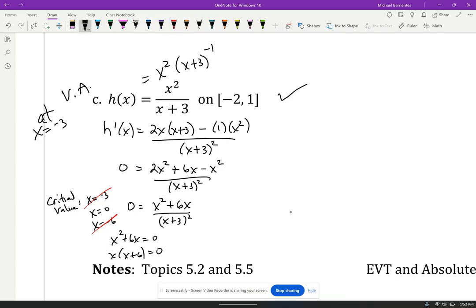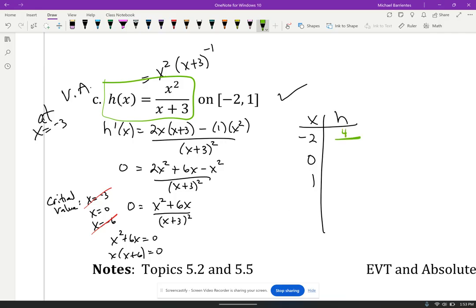So I go to the next part and I say, here are my x values: negative 2 because it's an endpoint, 0 because it's a critical point, and 1 because it's an endpoint. And we're looking for h values, the original function of h. So I'm going to take this negative 2 and substitute it into the original function. So negative 2 squared, that's 4, over negative 2 plus 3, that's positive 1, so that's 4. 0 squared, that's 0, divided by 0 plus 3 is 3, and that's 0.